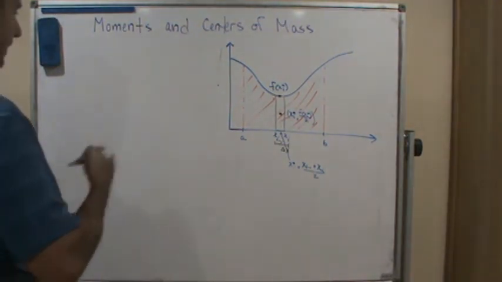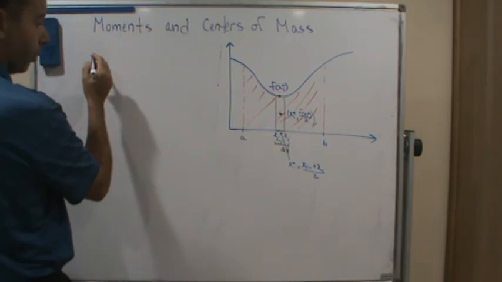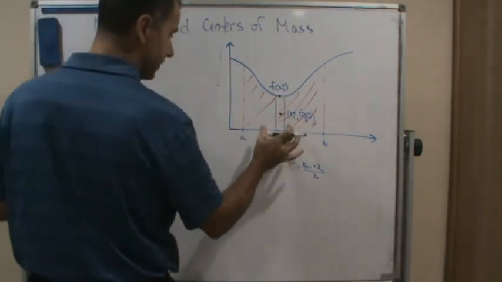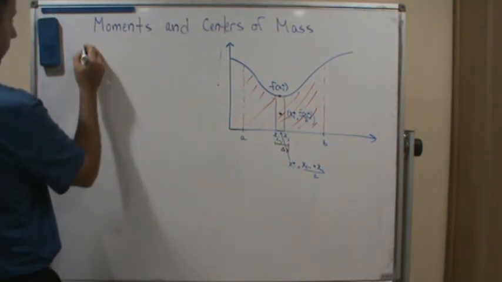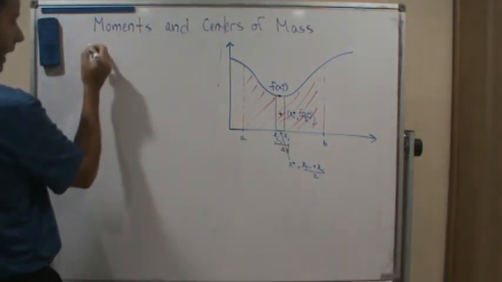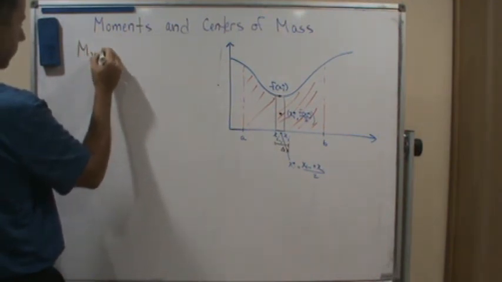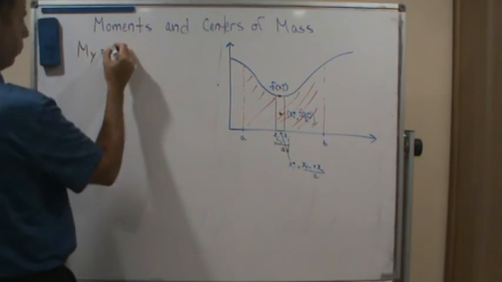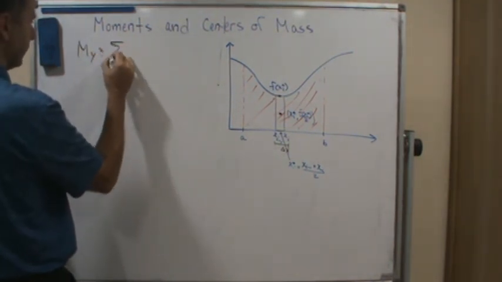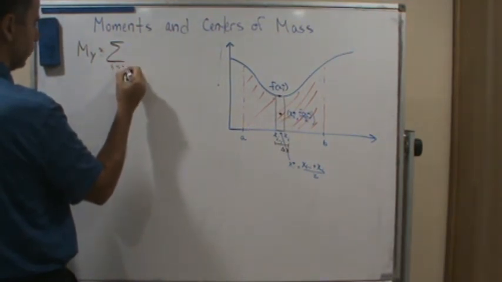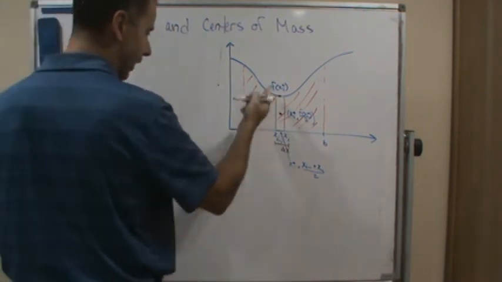So if we take the same development, we're going to take the mass times the distance. So m sub y is now going to be approximately equal to the sum of the rectangles from i equals 1 to n. Now, watch what happens. The mass, the area, is still the same.